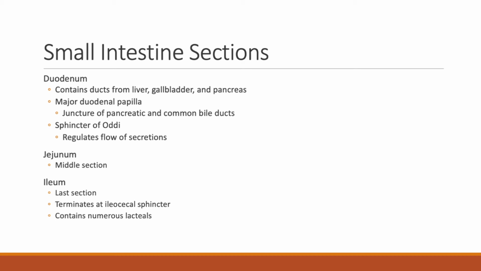There's also a sphincter here that regulates the flow of secretions, the sphincter of Oddi. The jejunum is the middle section of the small intestine, and then the lower section is the ileum. It's the last section. It terminates at the ileocecal sphincter, and it contains numerous lacteals.